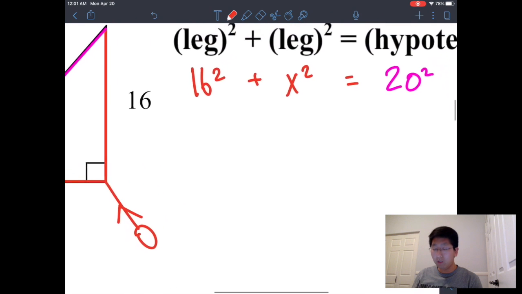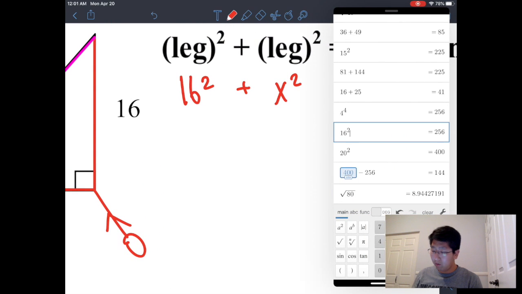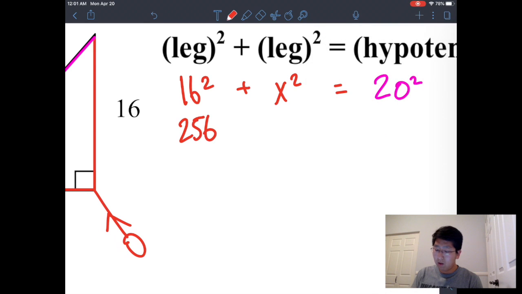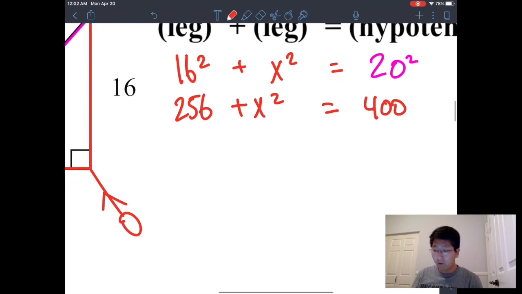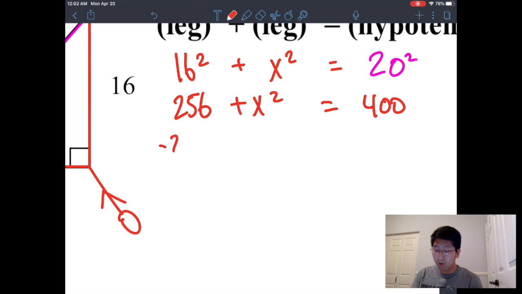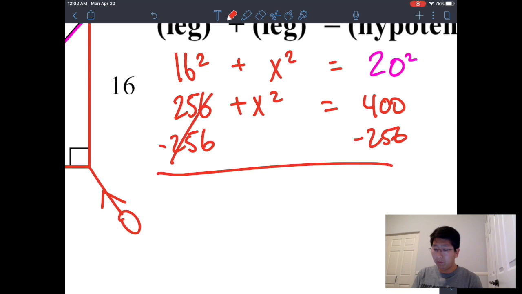Check your calculator. 16 squared is 256, plus x squared equals 20 squared, which is 400. We'll get x by itself. So in order to get x by itself, I need to subtract 256 from both sides.